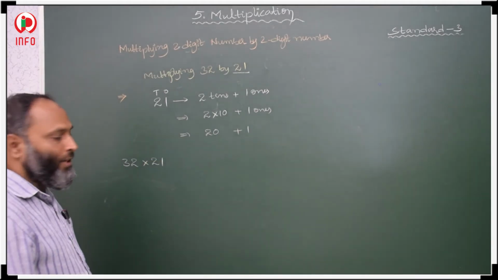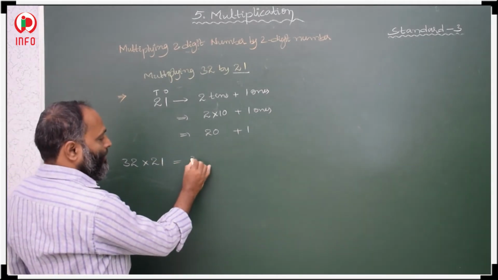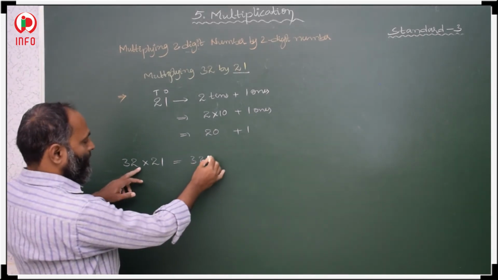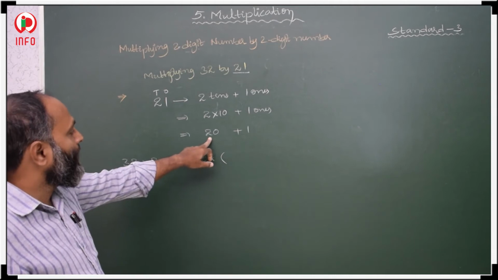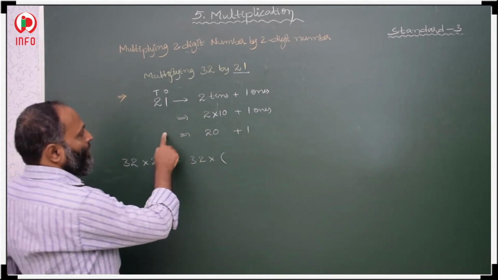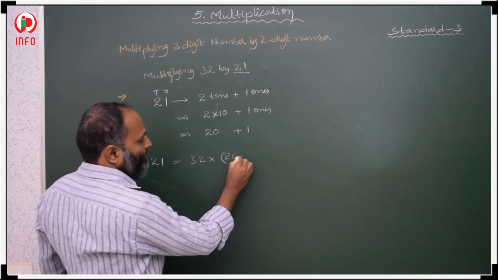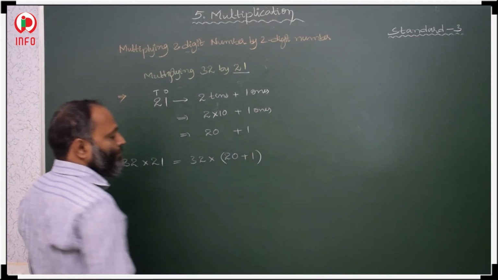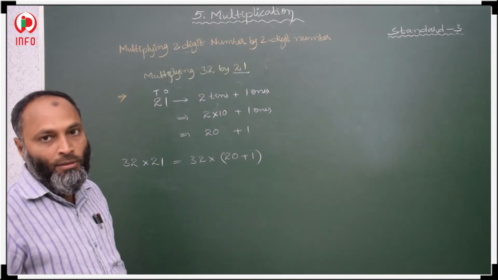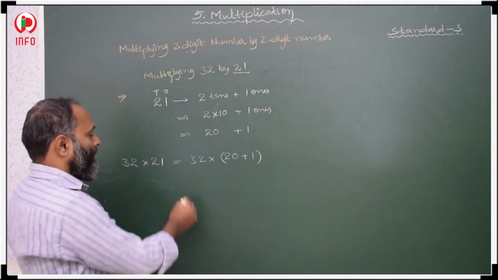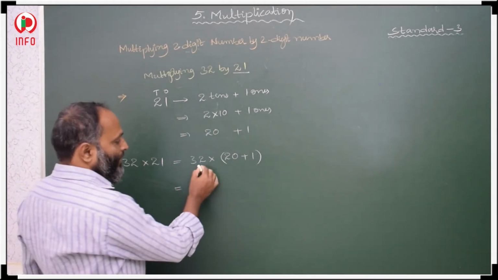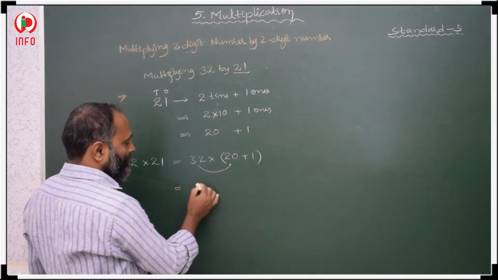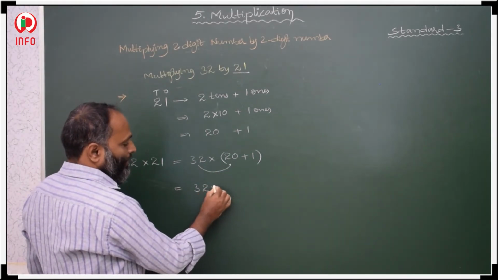It means 32 as it is into 21, which we take as 20 plus 1. Now, according to the distributive property, we have to multiply 32 with 20. 32 into 20.